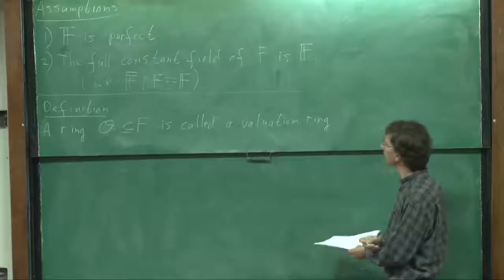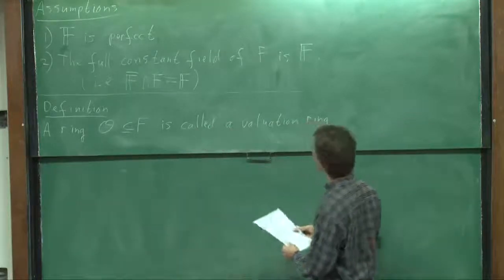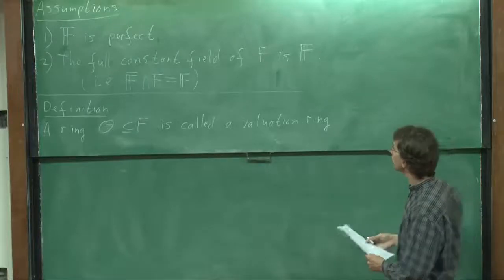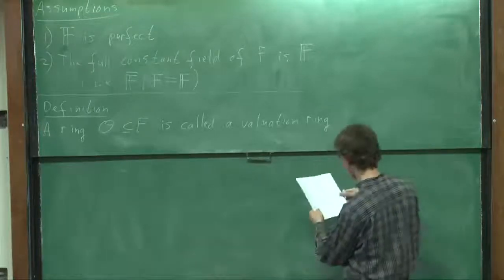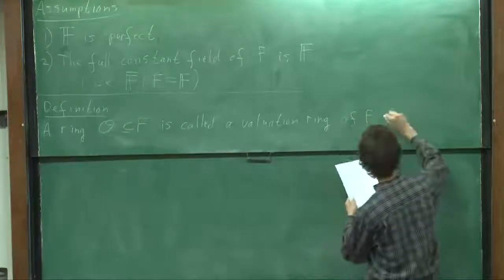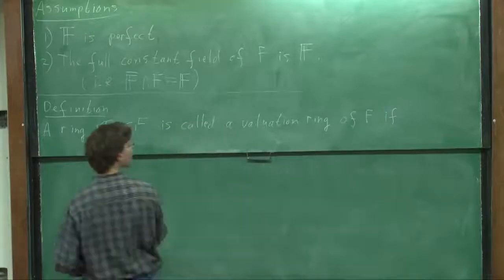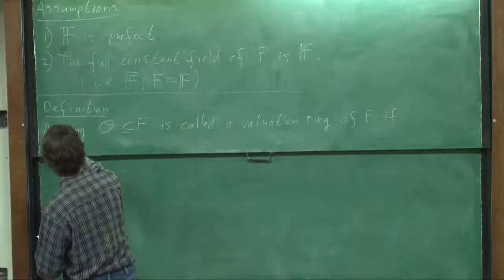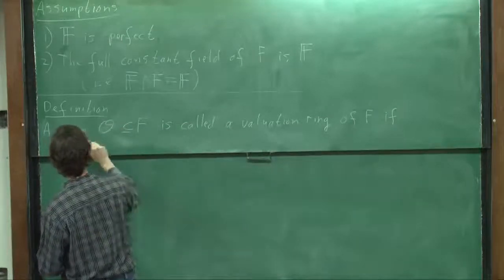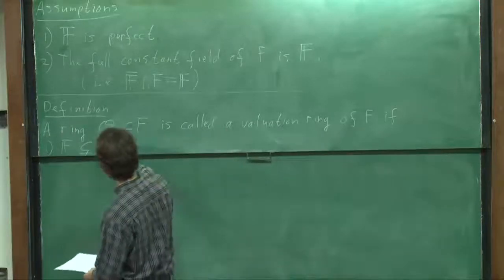We're going to look at subrings of this function field F. And there's a special kind of subrings, they're called valuation rings. There are two conditions to satisfy. First, it cannot be too small, we don't want only the constant field.